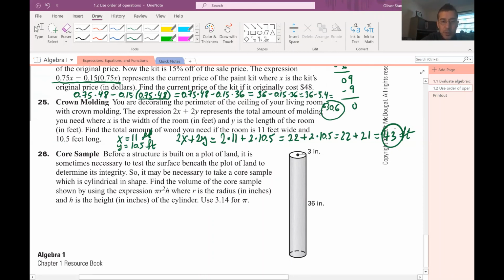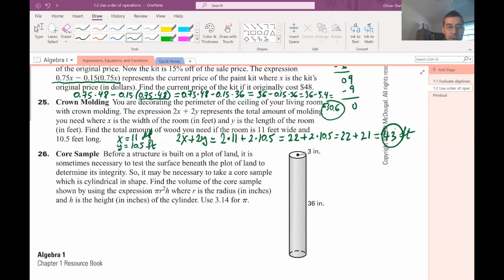Before a structure is built on a plot of land, it is sometimes necessary to test the surface beneath the plot of land to determine its integrity. So it may be necessary to take a core sample, which is cylindrical in shape, just like what you see there in the picture. Find the volume of the core sample shown by using the expression pi r squared h. So that's the expression that we have. So I'm going to write it down here.